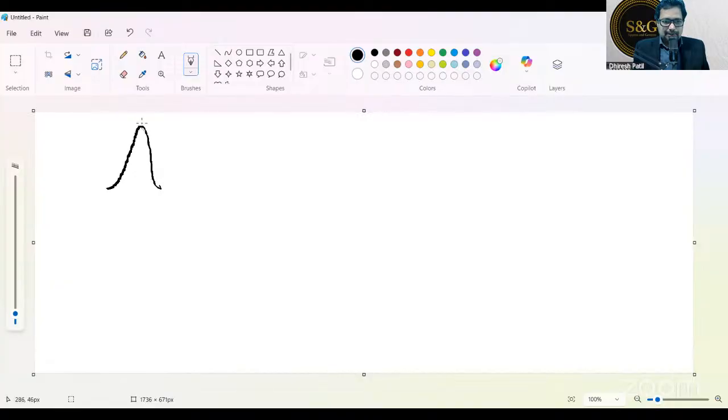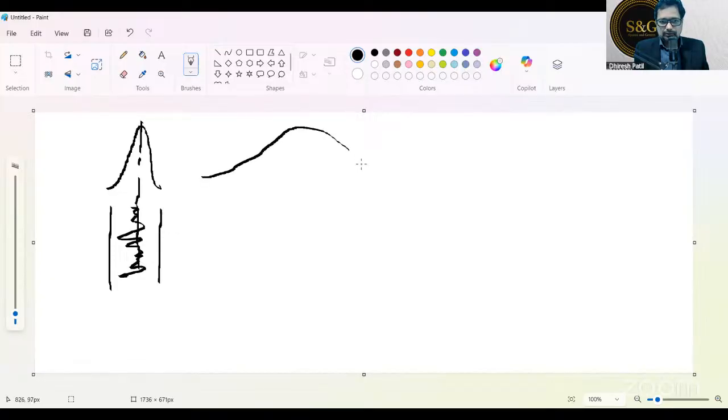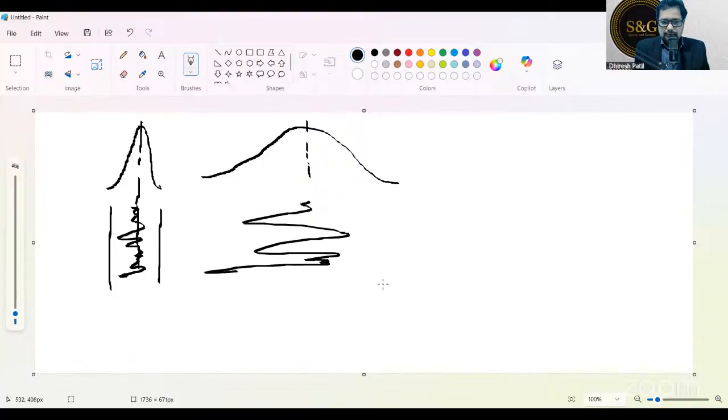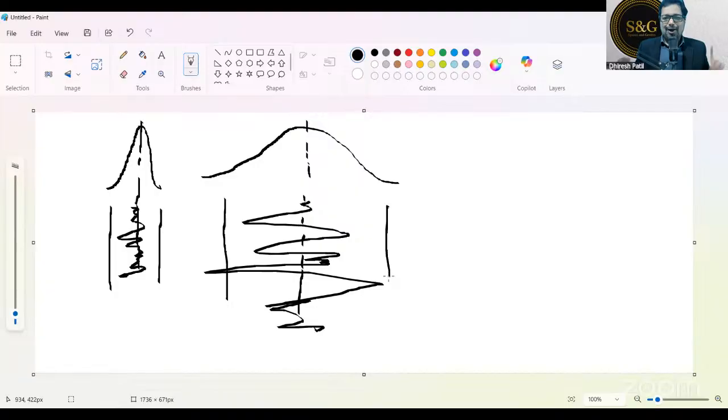For example, process, let's say, is like this. How many of you got it now?